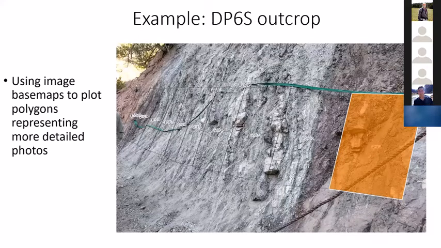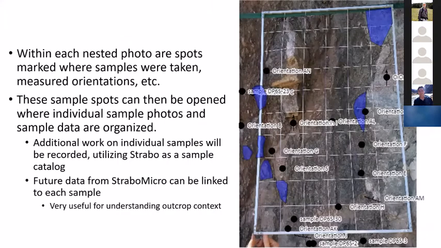Now we're going to take a look at what is actually nested within just grid 1, which is highlighted here. Within grid 1 are spots marked as polygons or points indicating sample locations, orientations in the outcrop, and other points of interest, like maybe I took a Munsell color reading on certain portions of the ultracataclasite.